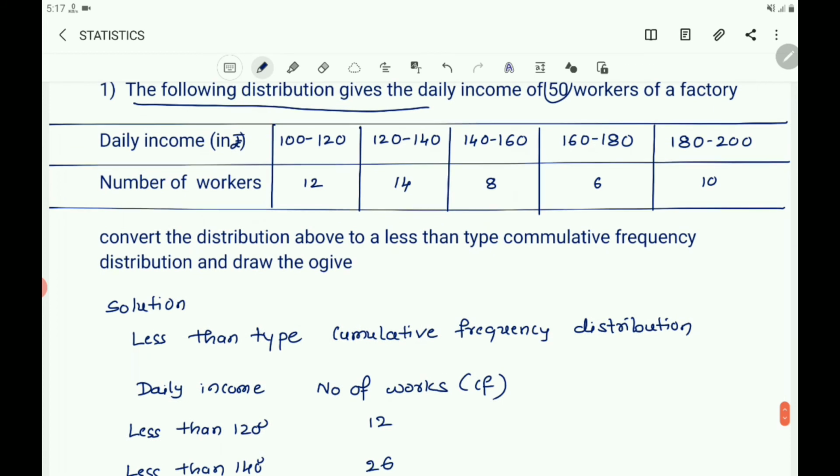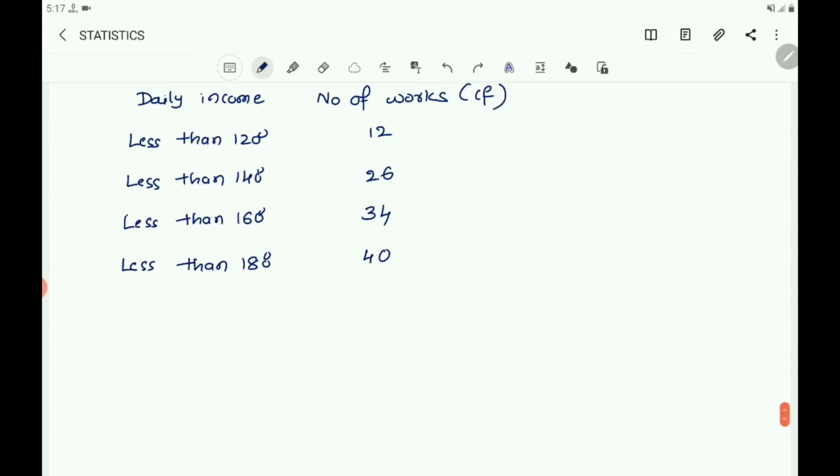Next, less than 200, that is 40 plus 10. Less than 200 is 40 plus 10, that is 50.